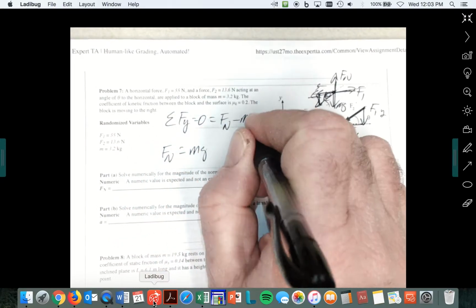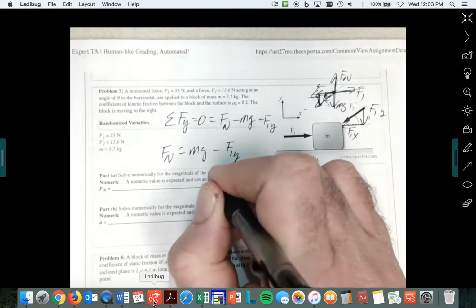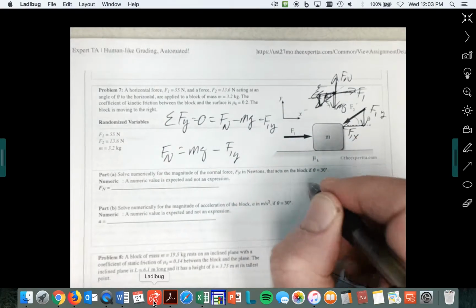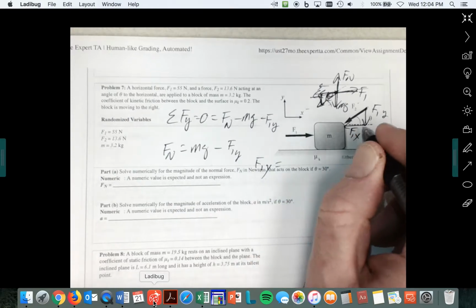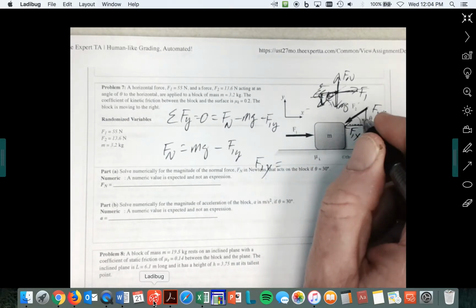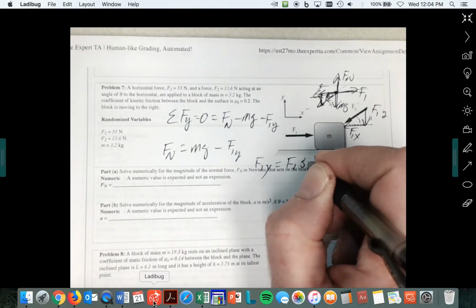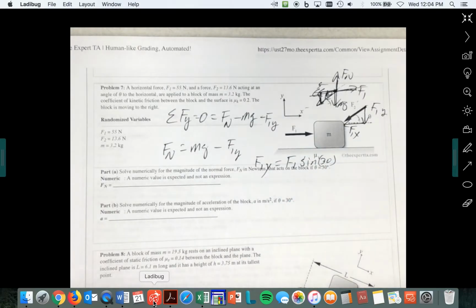Let's do the algebra, add those to both sides. Minus F1 of y, where F1 of y is equal to F1 times the sine of 30, or the sine of theta in this case.